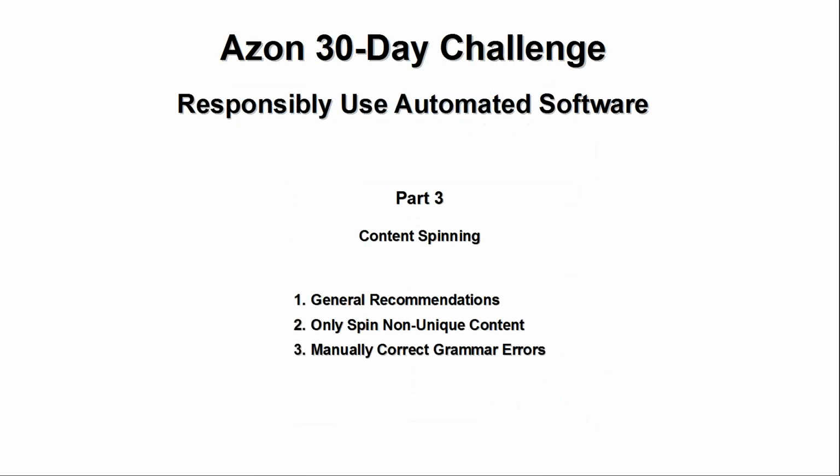Now, one of the next things I want to talk about is content spinning. A lot of different software out there utilizes content spinning to basically take non-unique content and turn it into unique content.